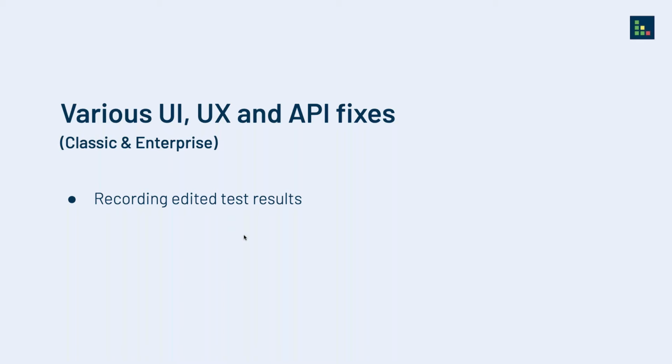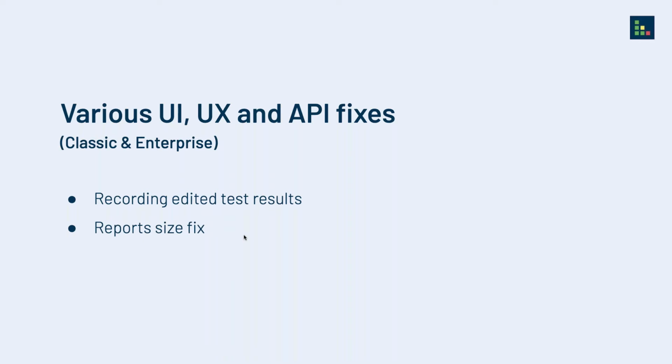as a result of changes back in TestRail 5.7, we were aware of potential issues with how edited test results were being recorded. So we fixed a couple of issues there. So that's been done, and thanks to any customers who reported those issues to us.